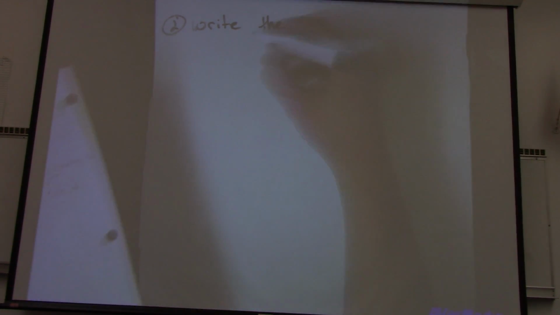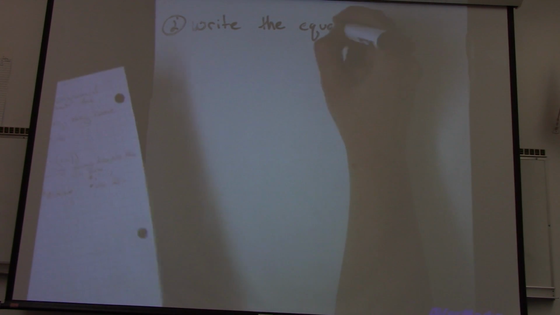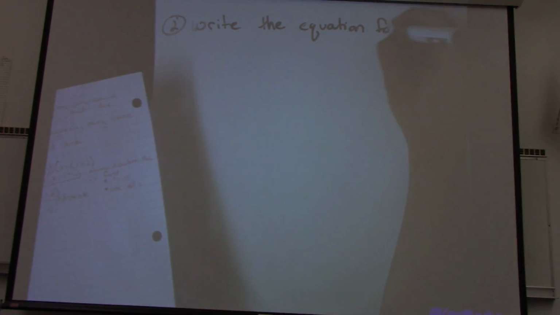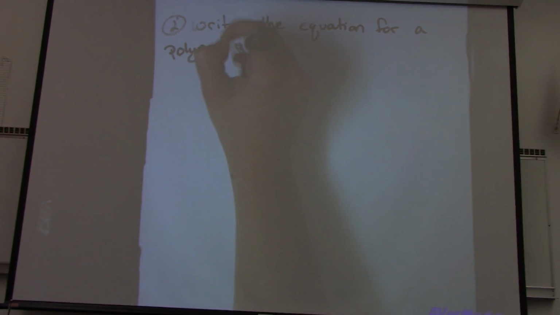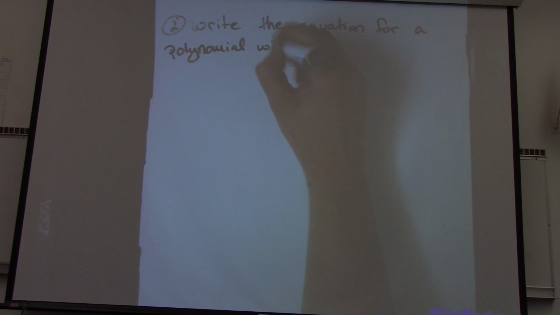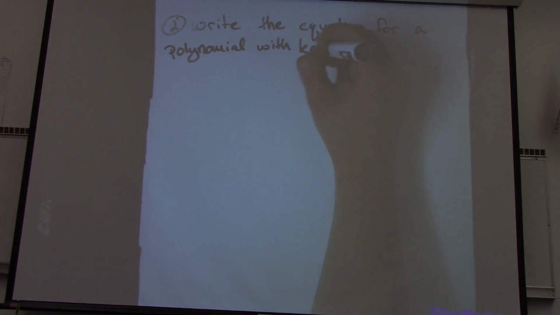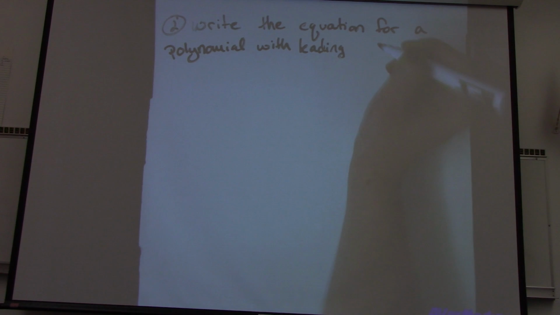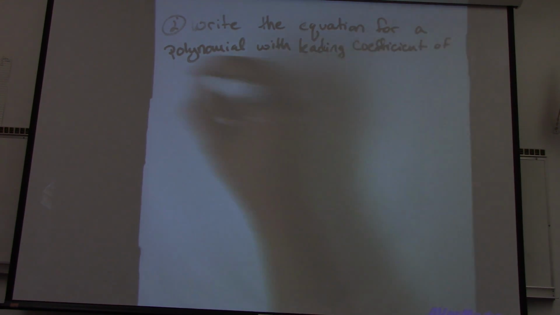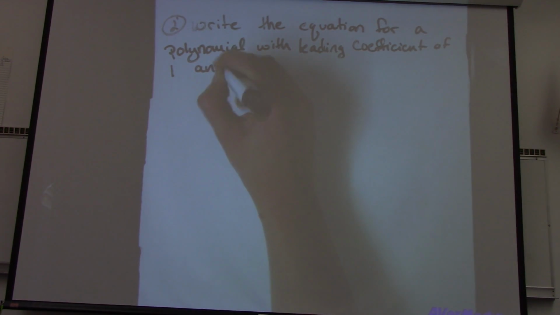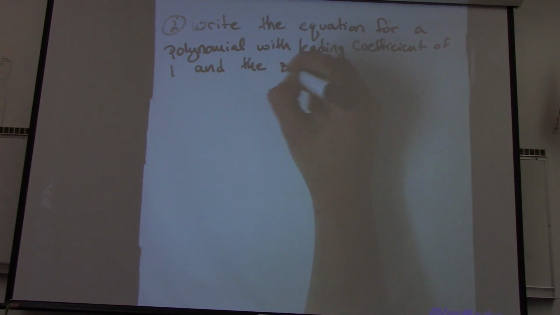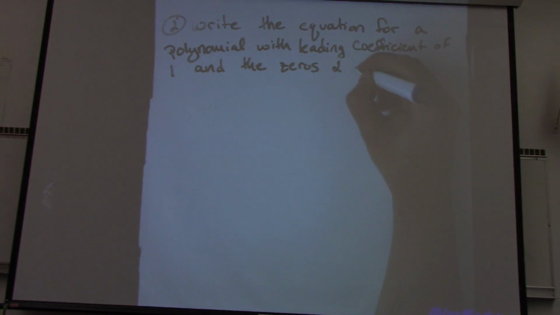All right, our example is to write the equation for a polynomial with leading coefficient of 1 and the zeros 2 and 1 plus i.